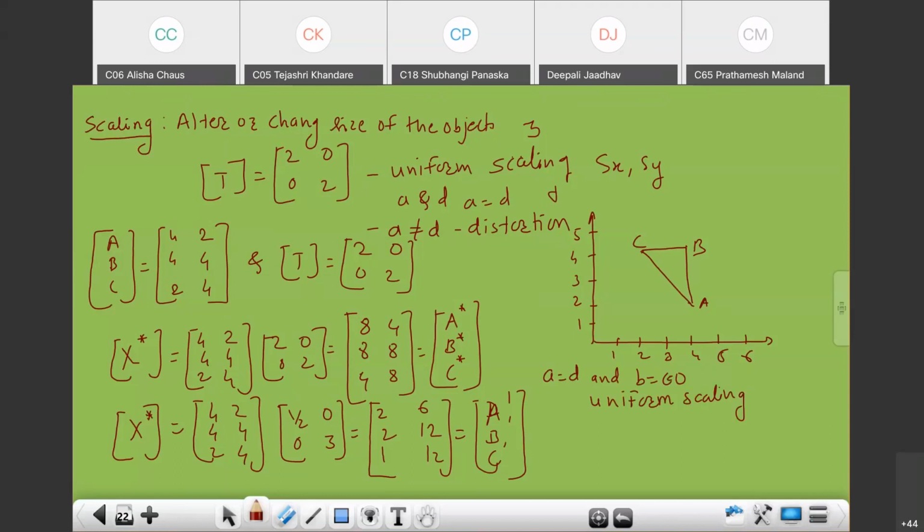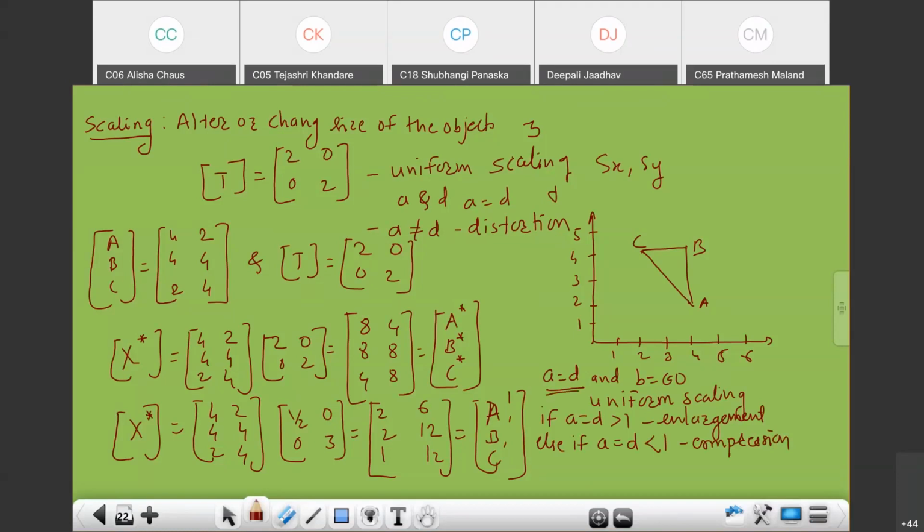Where A is equal to D and greater than 1, it results in enlargement. Else, if A is equal to D and less than 1, it results in compression.